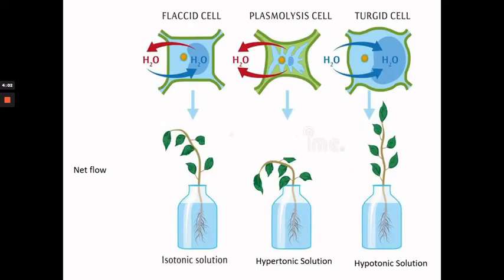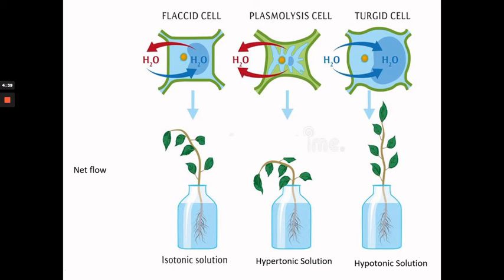What about in a plant cell? So here we have a plant cell in isotonic solution, and just like in the animal cell, we have the same amount of water leaving as the same amount of water moving into the cell. The cell is termed as flaccid, okay, just like that. And in hypertonic solution, the concentration outside the cell is higher, so water will move out of the plant cell and it's going to be plasmolyzed.